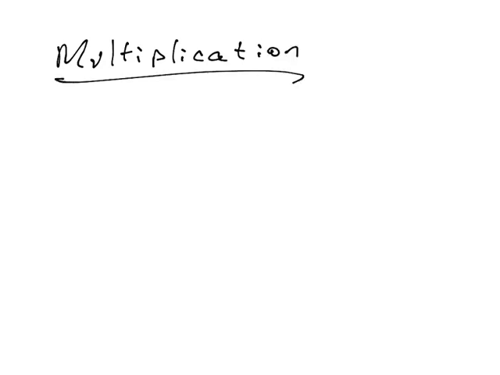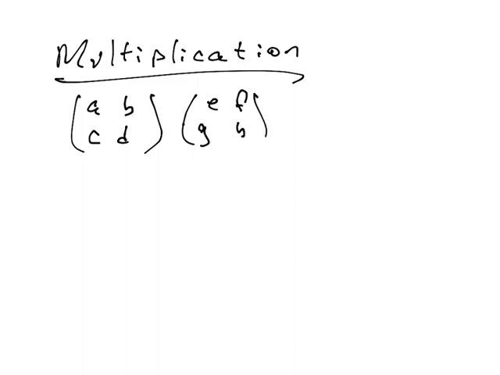Now, next time we're going to talk about multiplication. How do we multiply matrices together? So say we have A, B, C, D, and I want to multiply it by the matrix E, F, G, H. The question is, how in the world are we going to do this?